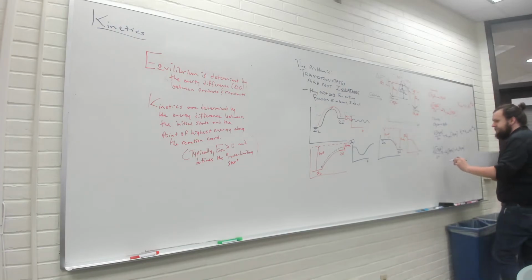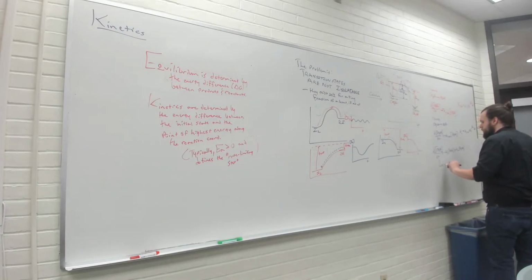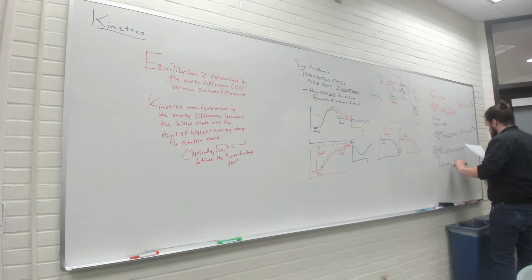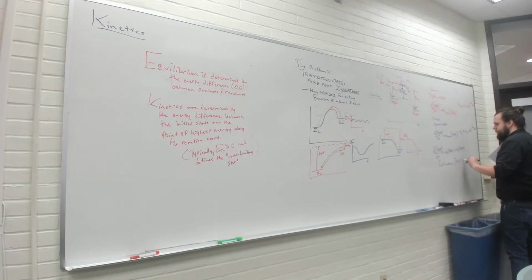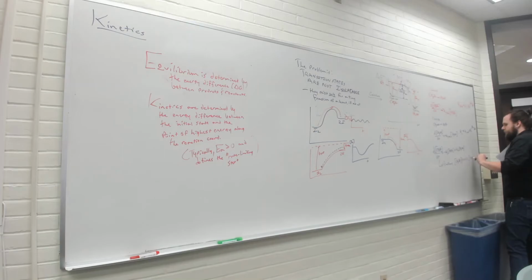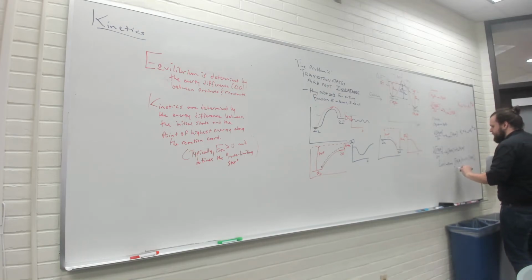Okay, and so let's assume that the initial concentration of CH3Br at t equals 0 is just CH3Br naught, just a number, right? That's the initial concentration. And that the initial concentration of methanol is 0.